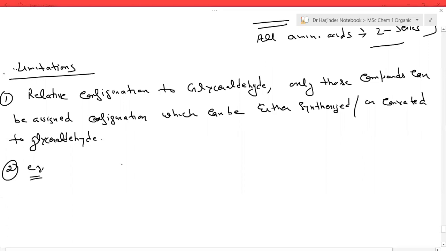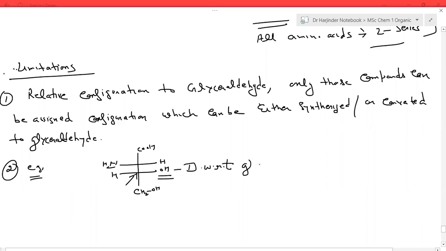if you have this molecule, now if you look from the bottom, this molecule is D with respect to glyceraldehyde. Yes or no?